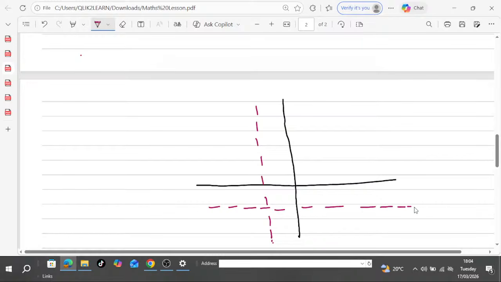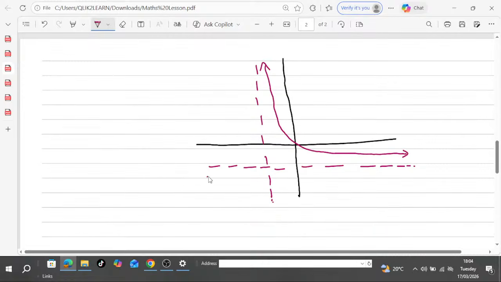Okay, so the graph cuts at the origin like this. And then in this one it cuts like this.